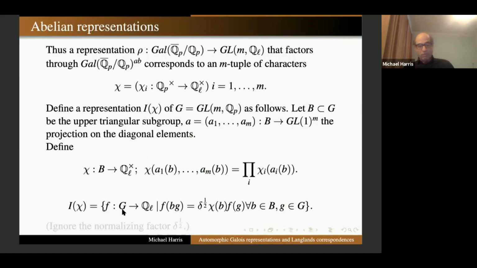Namely, we just look at all the functions from G to QL with the property that f of bg is equal to, well, I would like to be able to say that it's equal to chi of b times f of g. That would be the induction of this character, but so just a space of functions, and then G acts on the right by right translation.